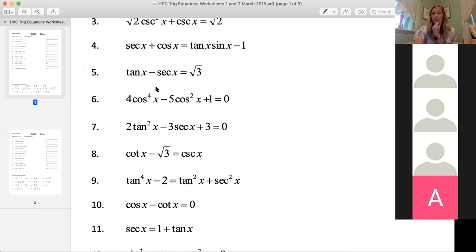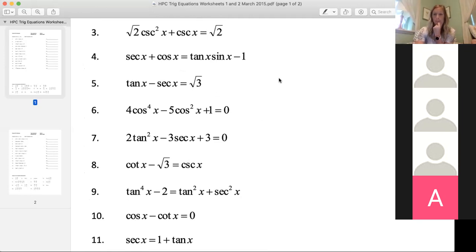Ms. Leininger? Yeah. So on number 4, I did it a little differently, and so I never got cosine equals 0 because I could cancel it on top and bottom. So when are we allowed to and when are we not allowed to cancel out functions? I try to never do it.